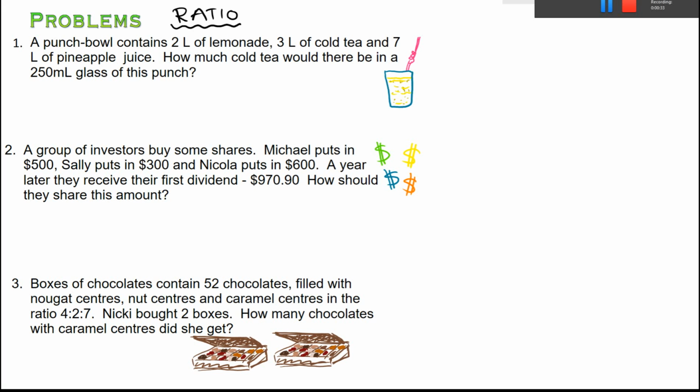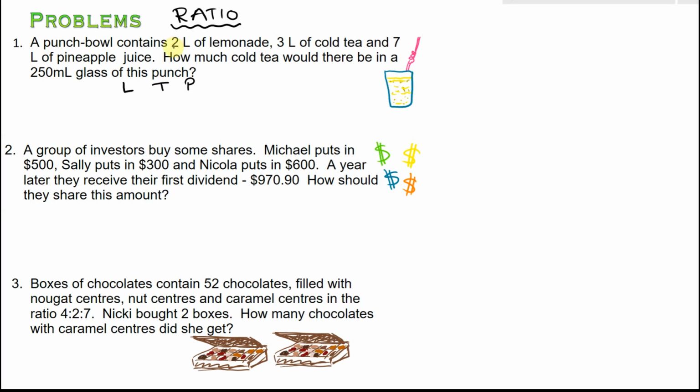So the first thing that we need to do is come up with a ratio of lemonade to tea to pineapple juice. So if I just abbreviate these types of liquids here, so lemonade, cold tea, so T for tea, and P for pineapple juice.